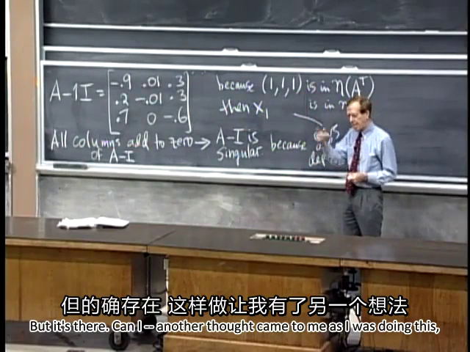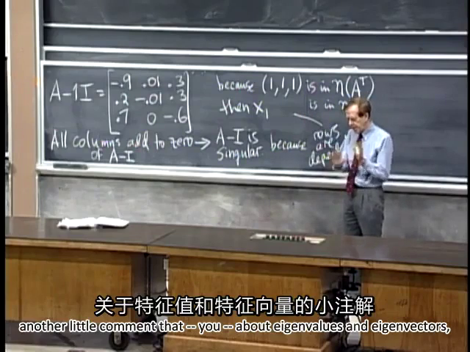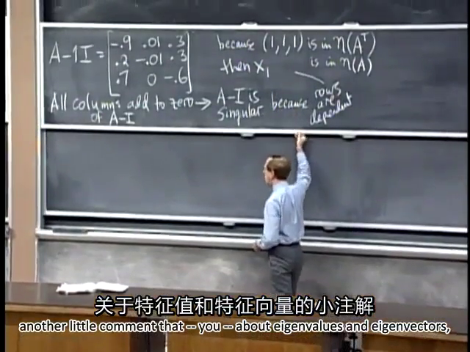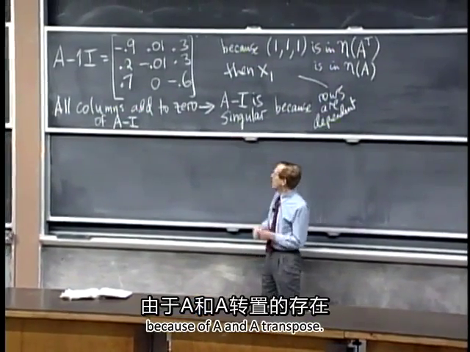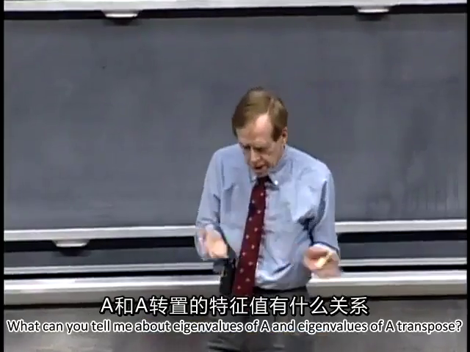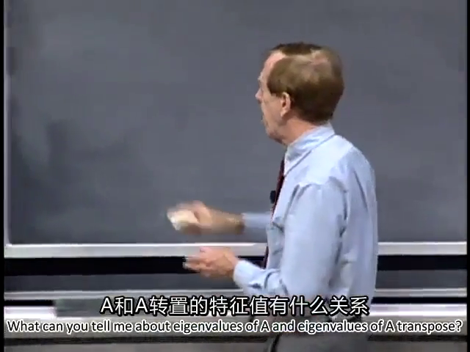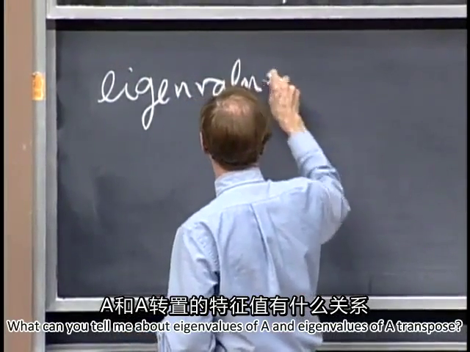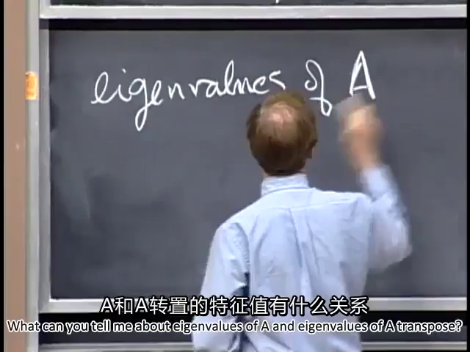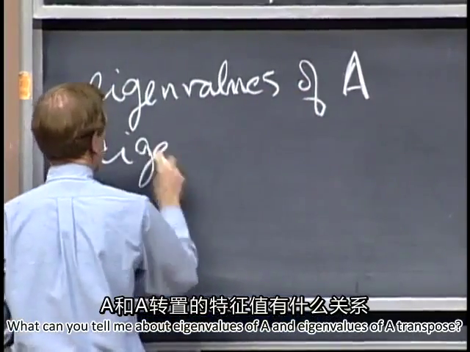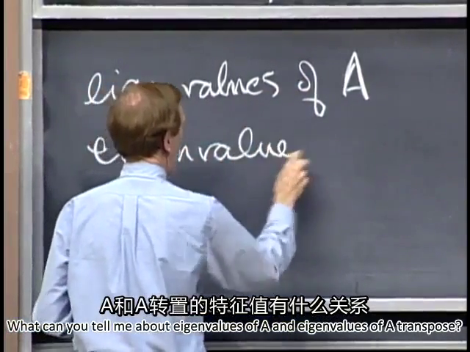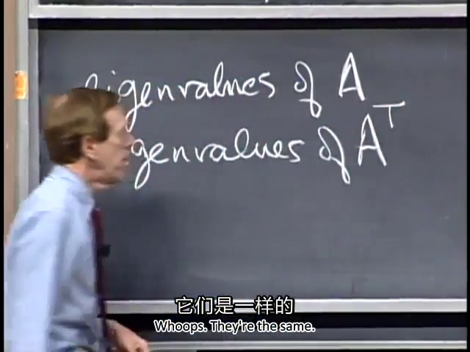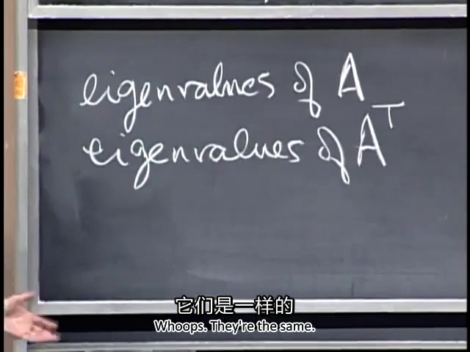Another thought came to me as I was doing this. Another little comment about eigenvalues and eigenvectors because of A and A transpose. What can you tell me about eigenvalues of A and eigenvalues of A transpose? They're the same.